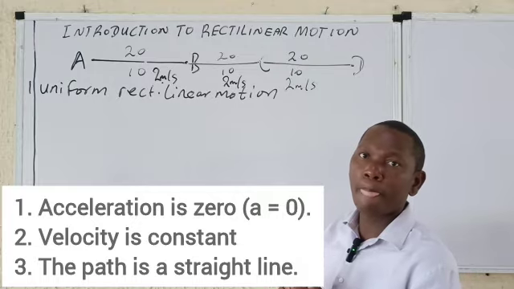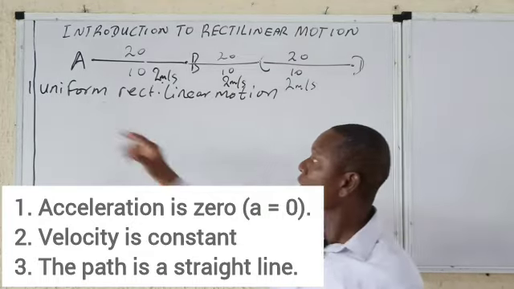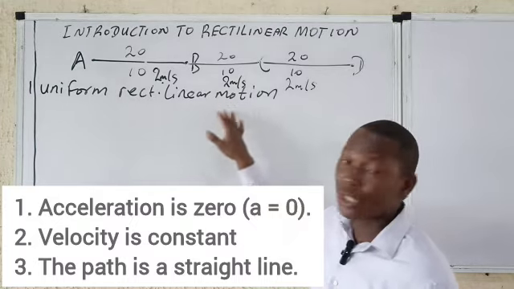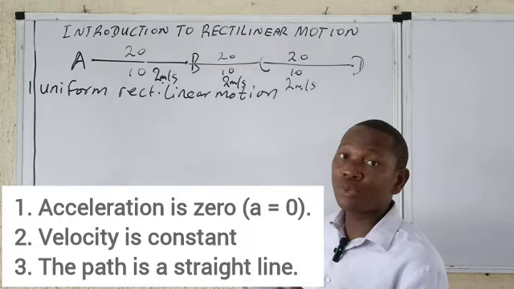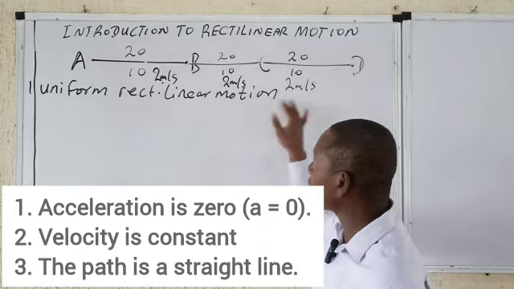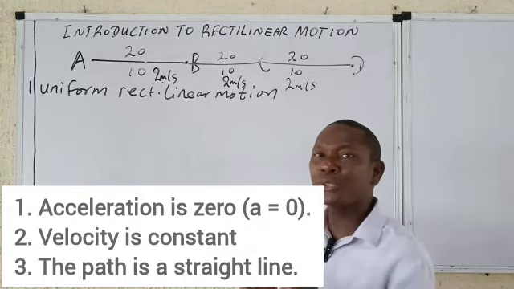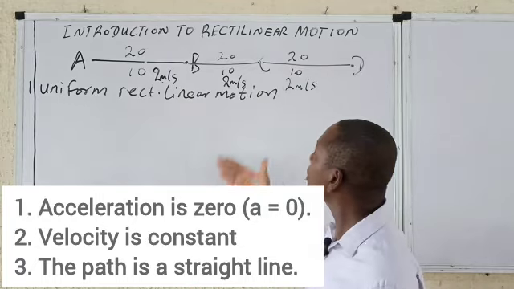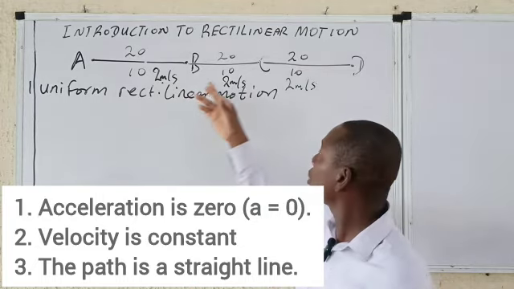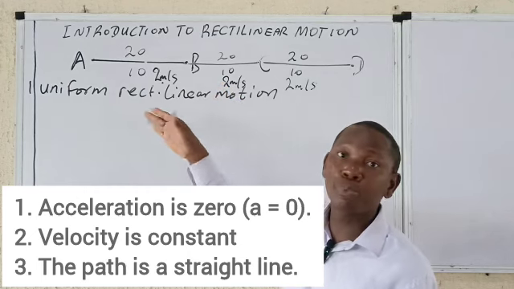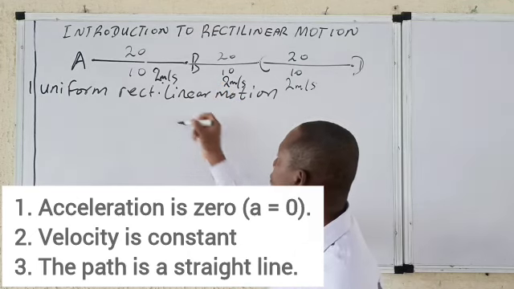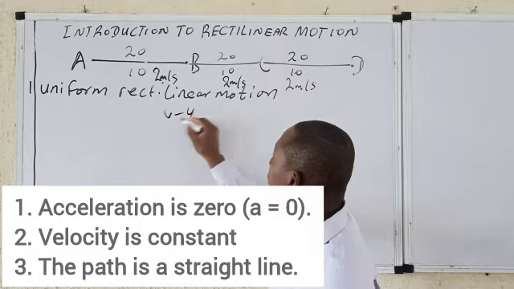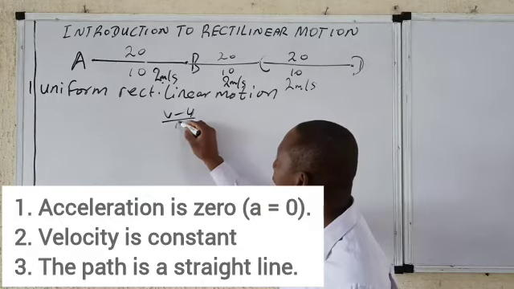Acceleration is 0. Now, number one characteristic again of this uniform rectilinear motion is that the speed or velocity is what? Constant. I did explain that. Now, acceleration is 0. How do you calculate acceleration? Acceleration is change in velocity, right? But in this case, is velocity changing? No. Remember, for acceleration, you take final velocity minus what? Initial velocity, all over what? Time.